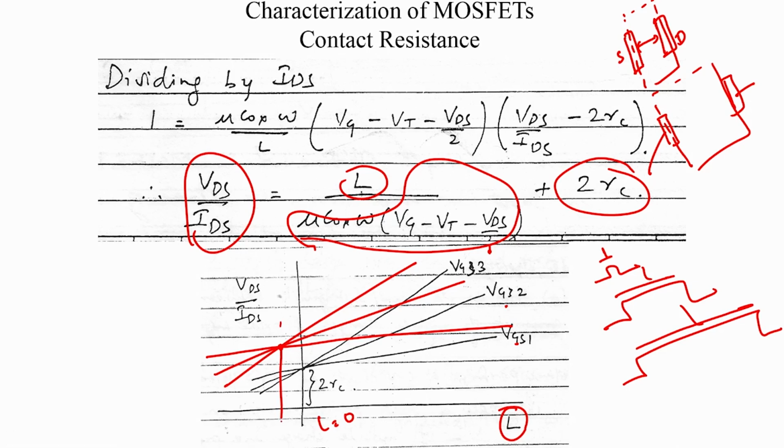It means that it is very likely that we are having a mask error, that is, when you are doing your photolithography to fabricate your devices, it is possible that there is an error in the mask, and what we think as L is actually L minus delta L, or minus or plus delta L, depending on whether this point is lying to the right or left. So, that is indicative of a mask error.